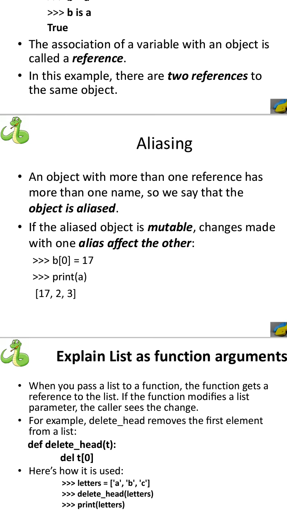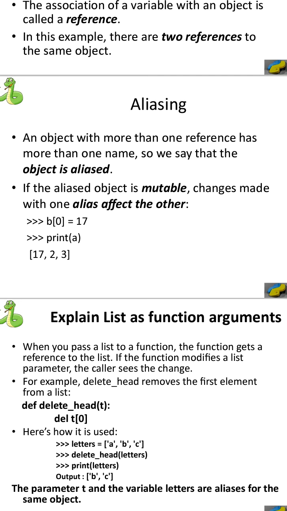And we also need to remember one thing. As we have studied, our list elements are modifiable. Whenever we can modify the values of list elements, we say that lists are mutable. So whenever we make changes to the original list, it also affects the aliased object or aliased variable.